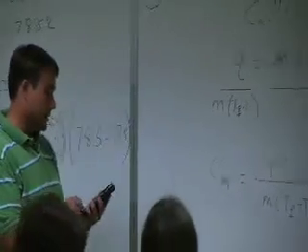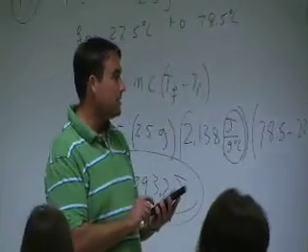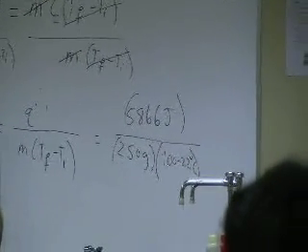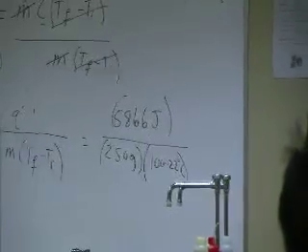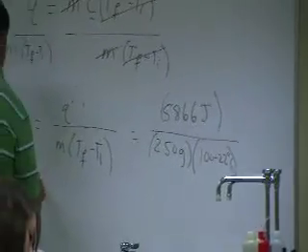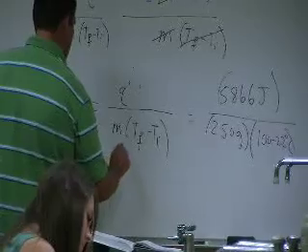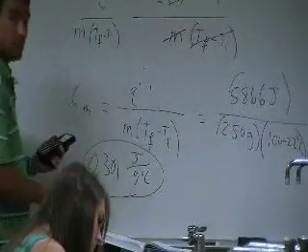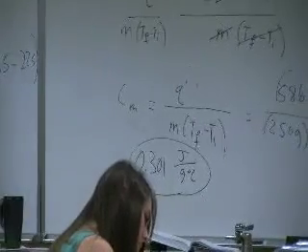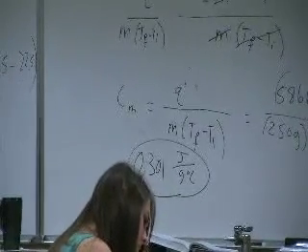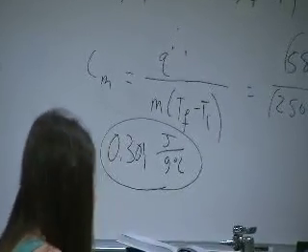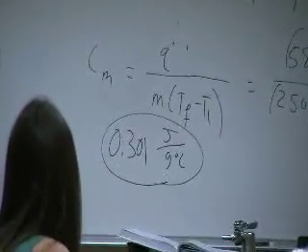Calculator, that's what we're going to do. 5866 divided by 250 divided by 100 minus 22. What do you guys get? 0.301 joules per gram degree centigrade. Now what did you get? You got a different answer, but also a different unit. Who kept theirs in kilojoules?